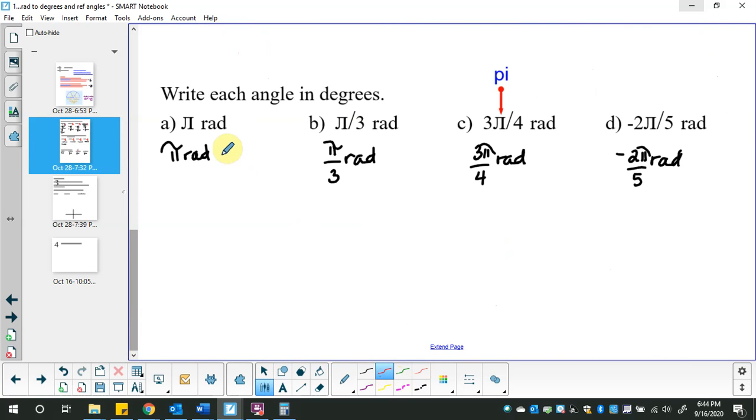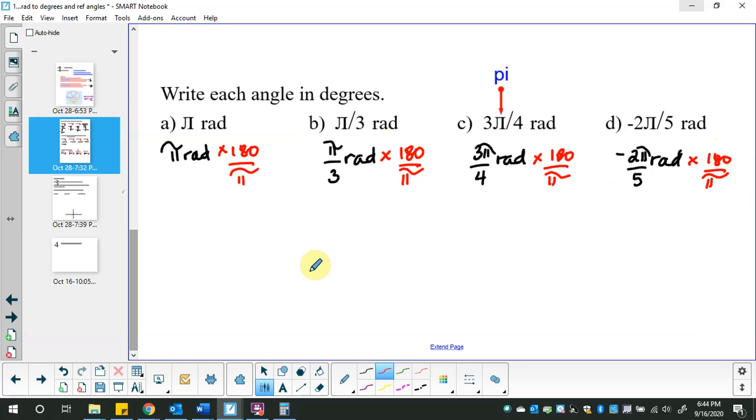So times 180 over pi times 180 over pi times 180 over pi times 180 over pi.